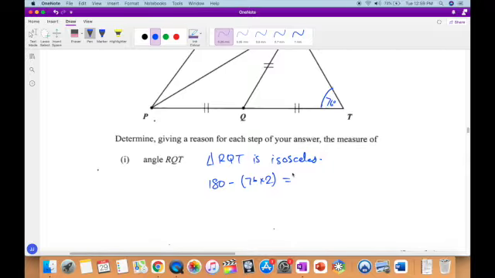So that gives me 28 degrees, about so. So therefore angle RQT is 28 degrees.